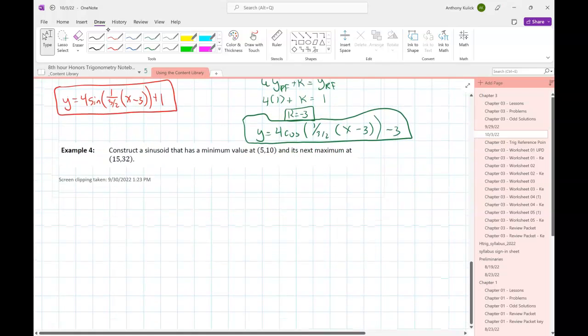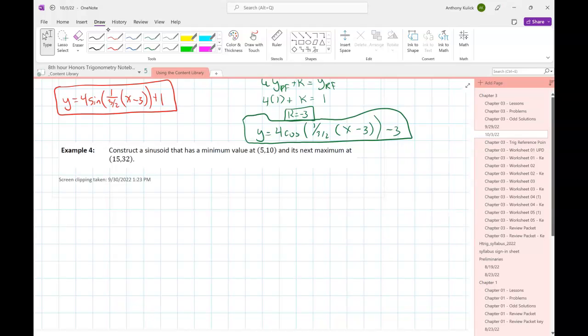Okay. This will be our last example, then I'll give you some time to work on problems. So here it says construct a sinusoid that has a minimum value of 10 and its next maximum is at 32.